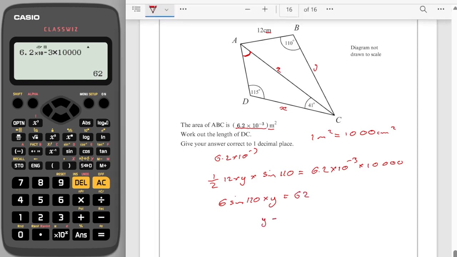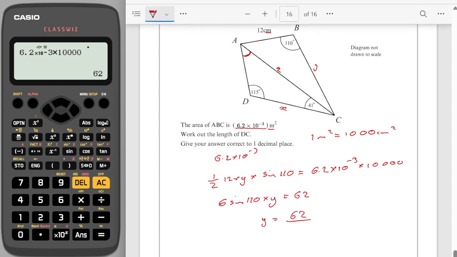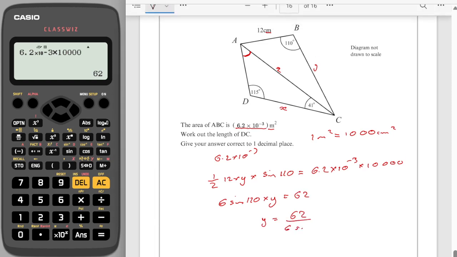So y is going to be equal to 62 divided by 6 sine of 110.